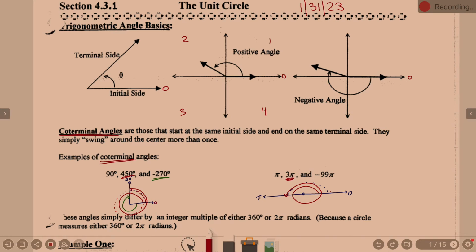Now, negative 99 pi. I'm not drawing that one out, needless to say. Okay, that would be a little crazy. But let's make sure it makes sense. Negative 99 pi. So where do we go with negative? Negative, we're going to go down and around, yes? So like here, going this way, right now we are at negative pi, correct?